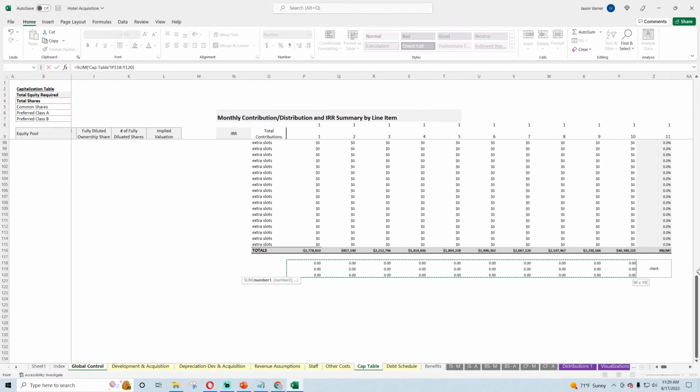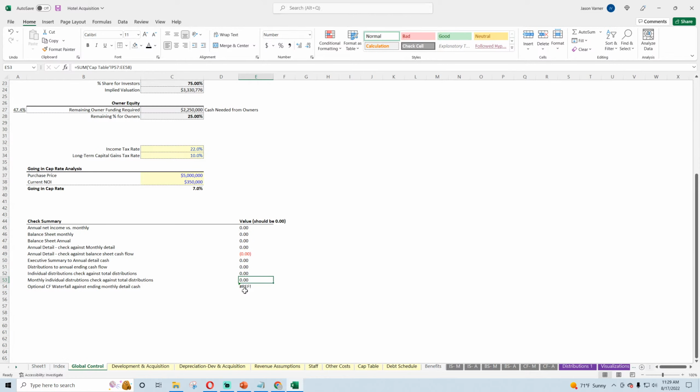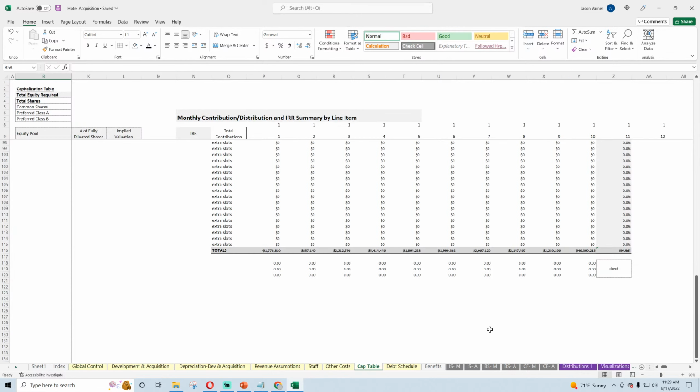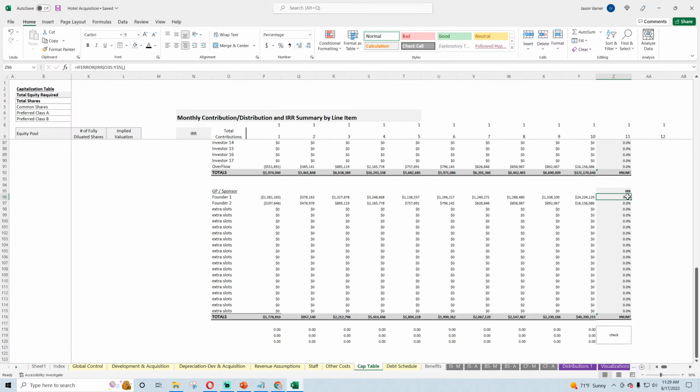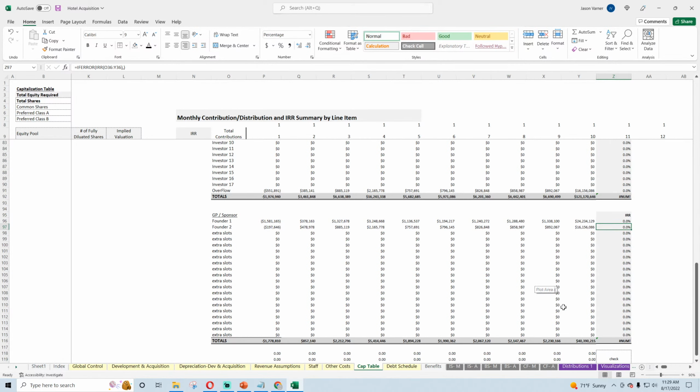Let's do this. Monthly individual distribution. Okay, these last two, hold on for a second. Let's first go back to this cap table and make sure this is making sense. Okay, so we're taking total IRR.